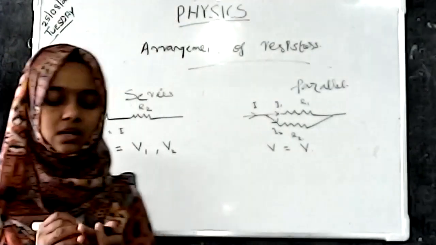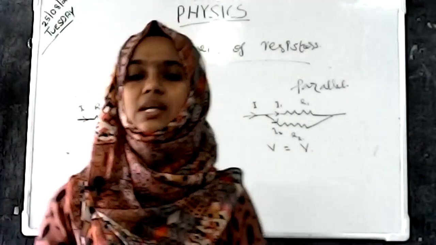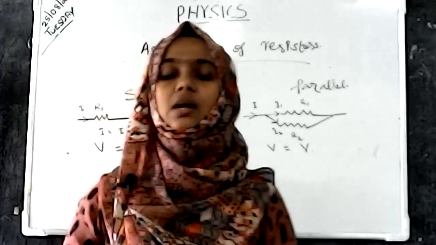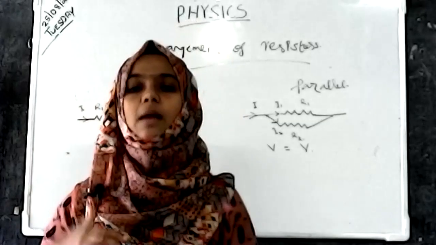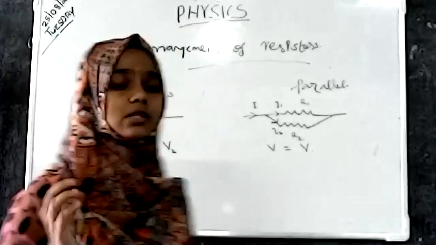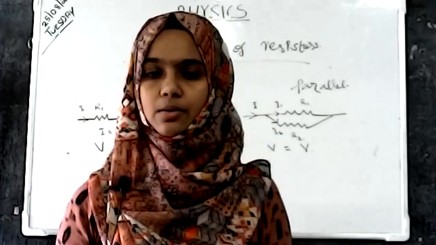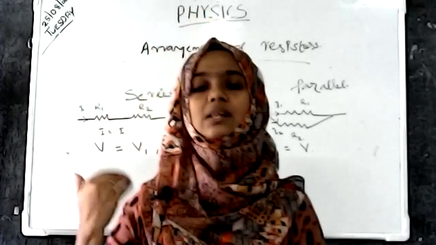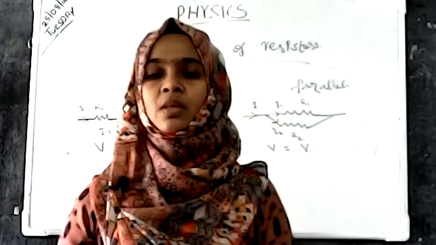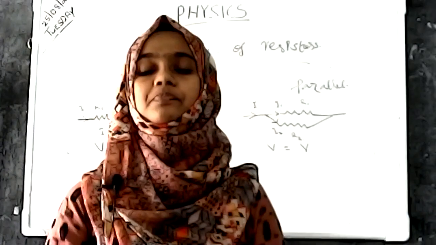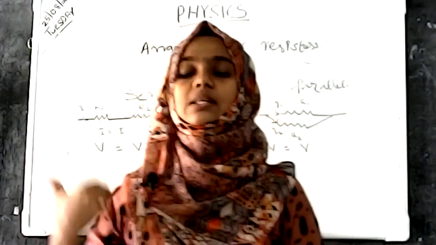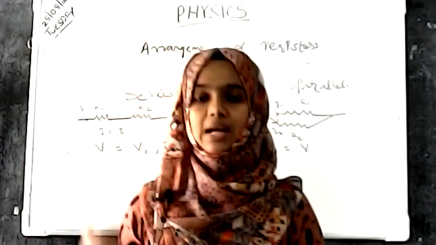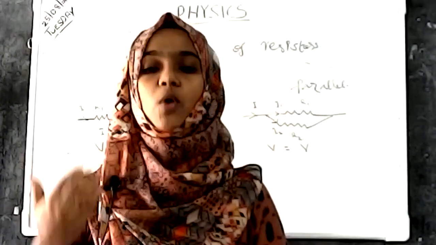When we apply current through a circuit with series-connected resistors, if the resistor is replaced by a bulb, the light of that bulb is more effective when the circuit is in series than in parallel. In the series connection of resistors with a bulb, the bulb lights more effectively.